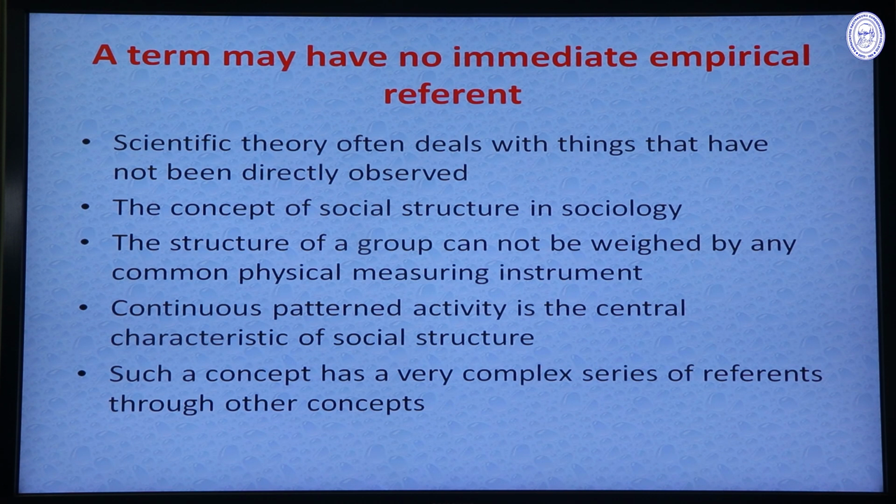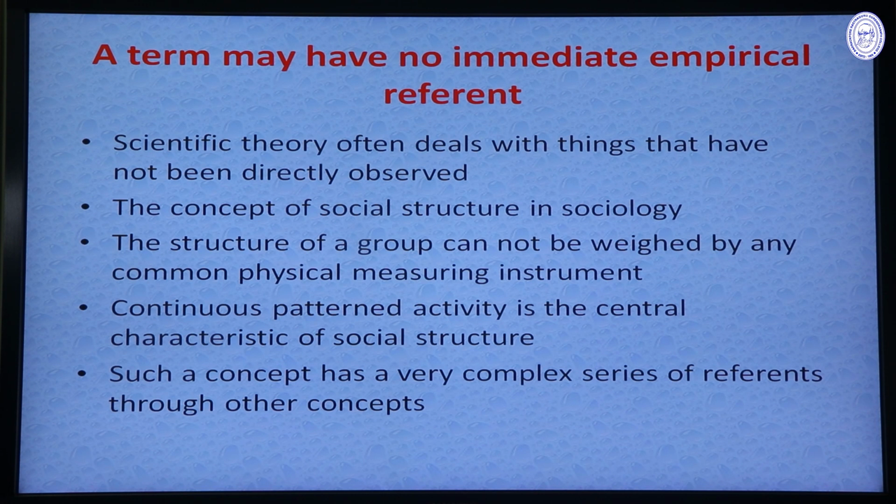We know what social structure is, but we cannot directly observe it. That does not mean that since we cannot directly observe social structure, social structure does not exist. Basically, social structure as a concept is there, but it fails to find its immediate empirical reference. So, that is the problem.